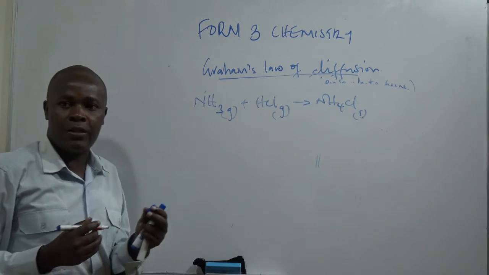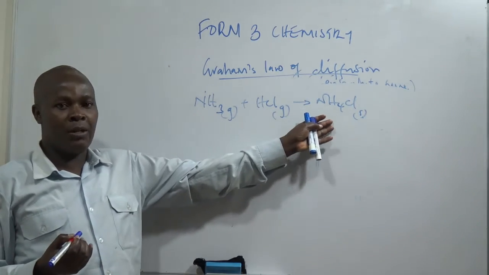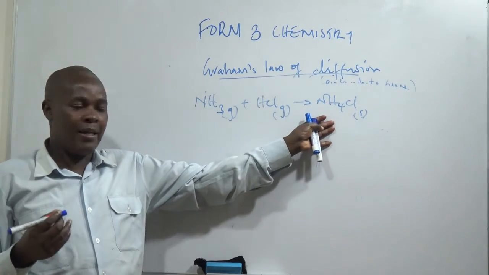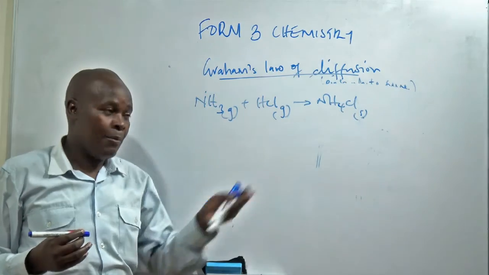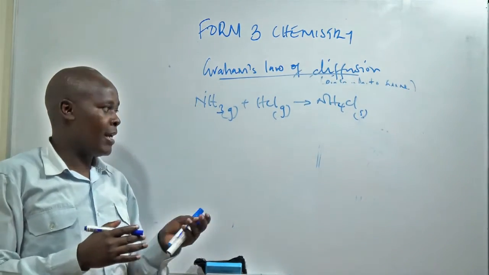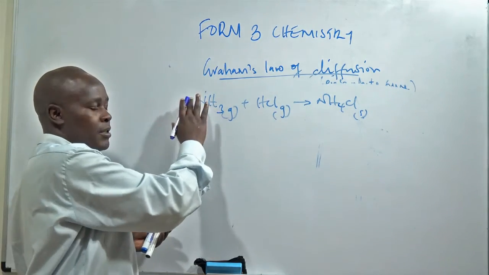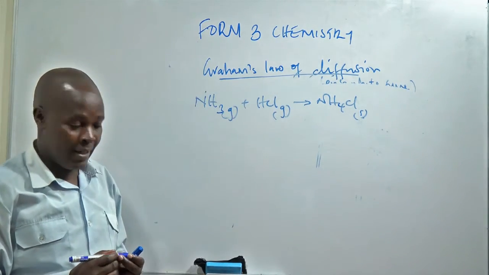This is a dense white fume that is formed within the tube, and this one indicates that the two gases have actually met. And I'm insisting here that the ammonium chloride solid that is formed is towards that end that is near hydrogen chloride gas, simply because ammonia gas diffuses much faster than hydrogen chloride gas.